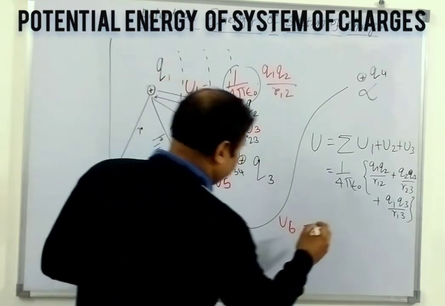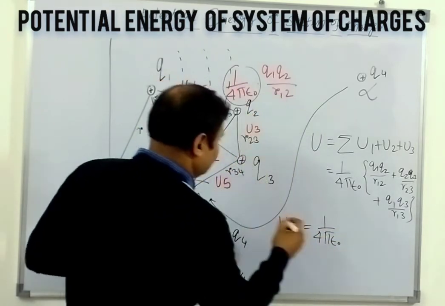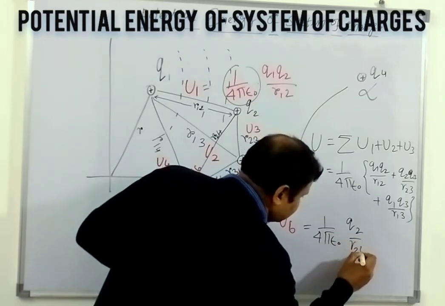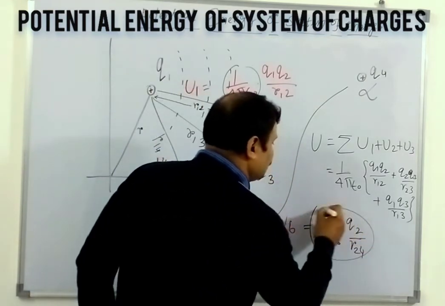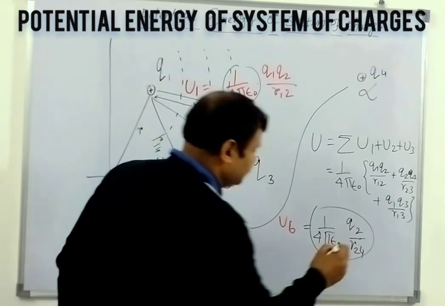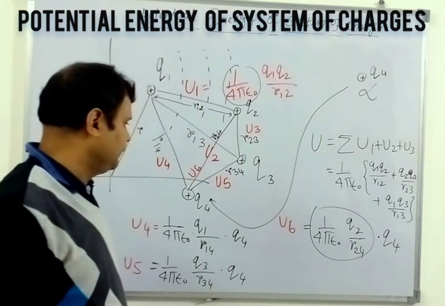So U6 will be 1 by 4 pi epsilon naught, same again, into Q2 over R24, and that is the potential. The work done will be this potential into this Q4 charge, which needs to be placed. This much coulomb we need to place over here.